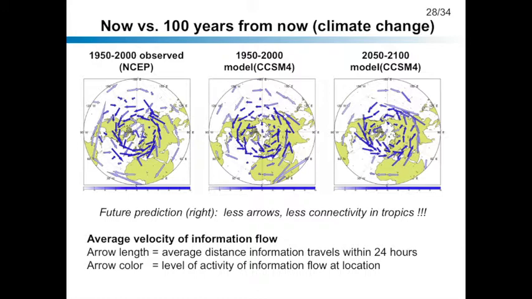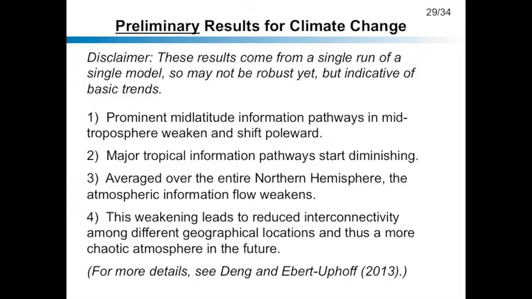This is what I plot as the average velocity of information flow that I obtained from the graphs. So the key points are, and again the disclaimer, these results come from a single run of a single model. We're just now ready to apply it to many of those runs and different models. But what it looks like so far is that the prominent mid-latitude information pathways in the mid-troposphere weaken and shift poleward, and especially the major tropical information pathways start diminishing.